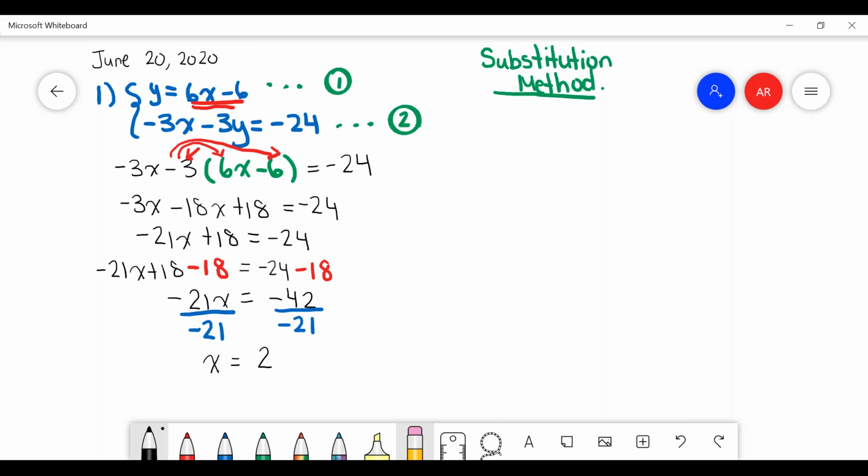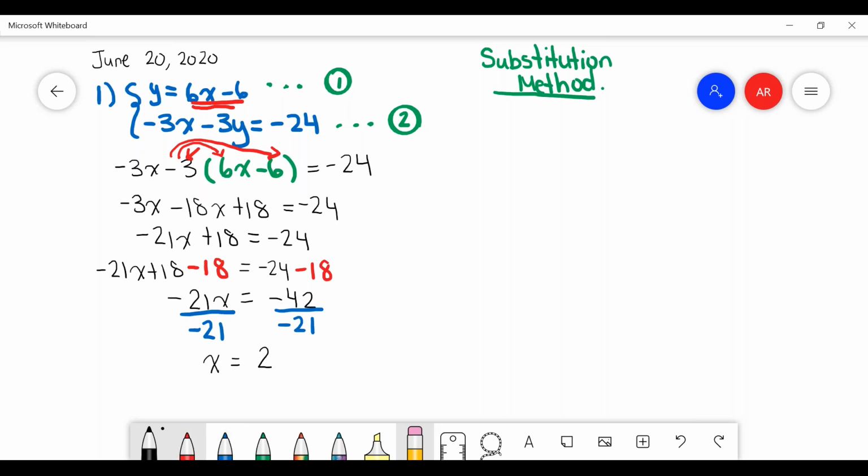So as you can see from our original question, we had both x and y variables present. So we actually want to find out the value for both x and y. We figured out the value for x, and using our value for x, we can easily figure out our value for y.